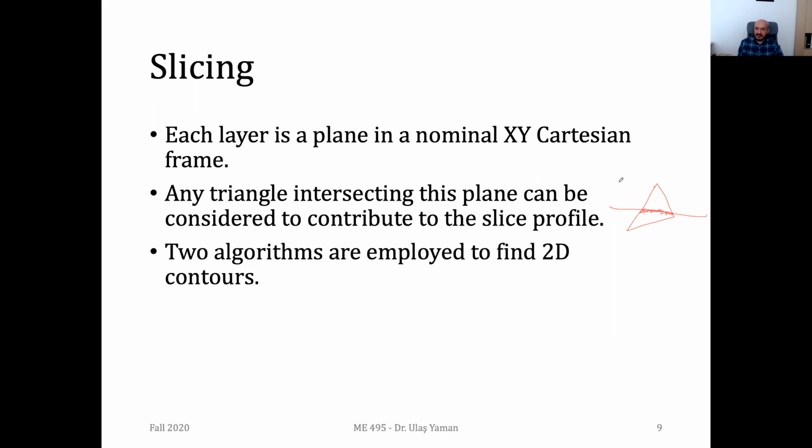Let's have another triangle here. Another one. What we are going to do, we will try to find all these intersections. This is the first, let's say, line segment. This is the second one, and this is the third one. And if you look at from the top view, we will have such segments, right?